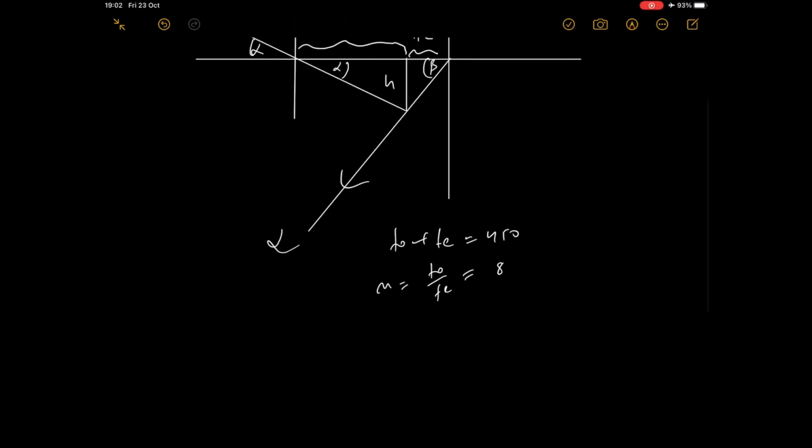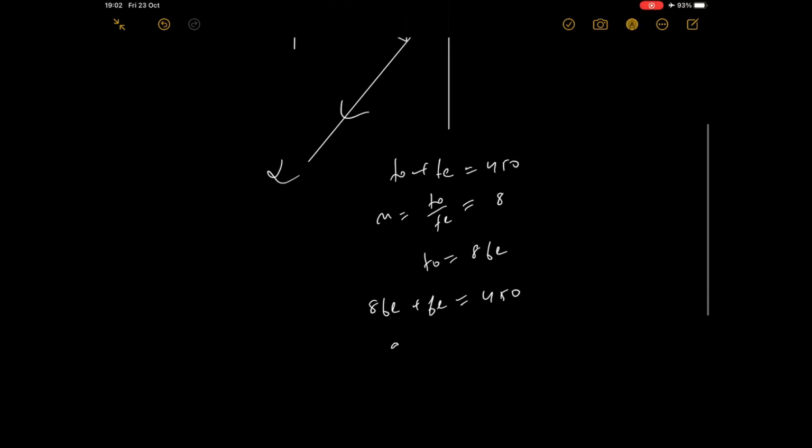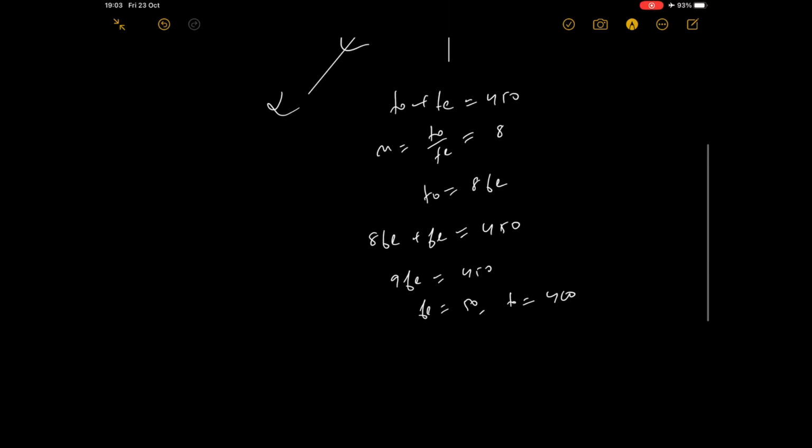So FO is 8 FE. So 8 FE plus FE is equal to 450. So when you do the calculation, we have 9 FE is equal to 450. So FE is 50 and FO is 400. So this is your focal length for the eyepiece and the focal length for the objective.